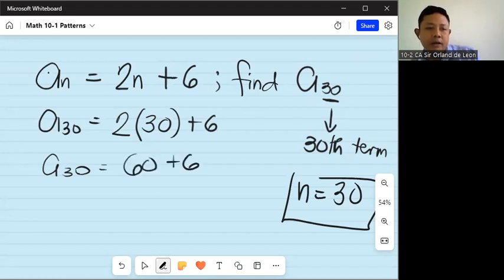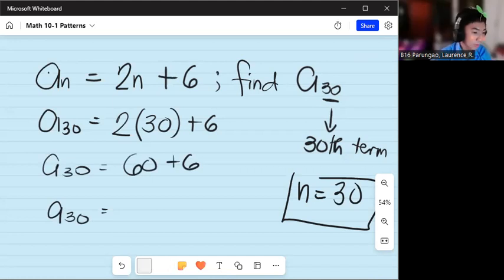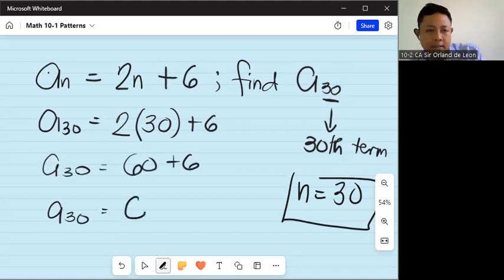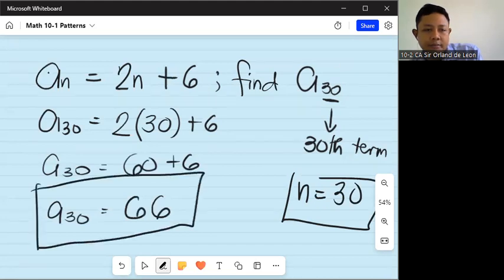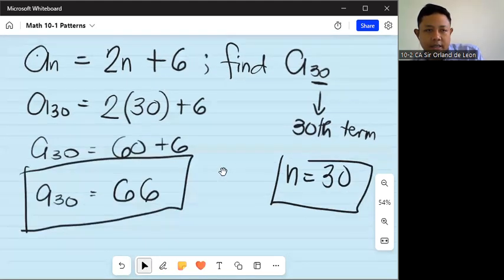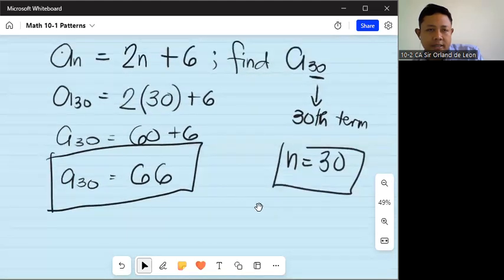Plus 6. I need someone now to say the answer for this. What is the 30th term in this explicit form? 60 plus 6, what's the answer? Yes, Lawrence? 66 po. Exactly, that is 66. So therefore, the 30th term in this given sequence is 66.